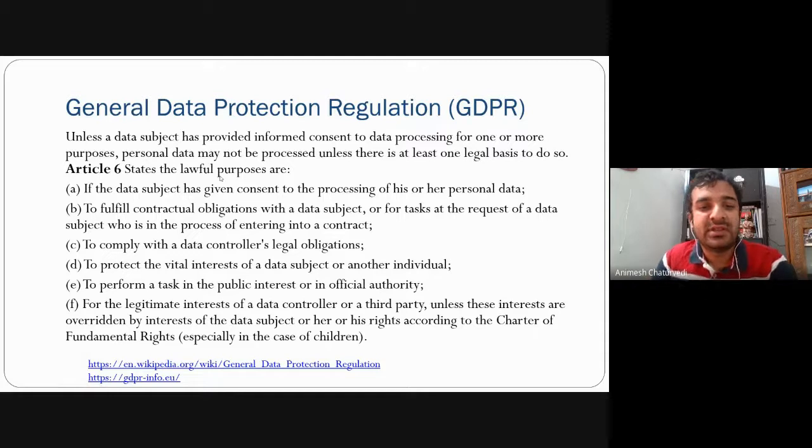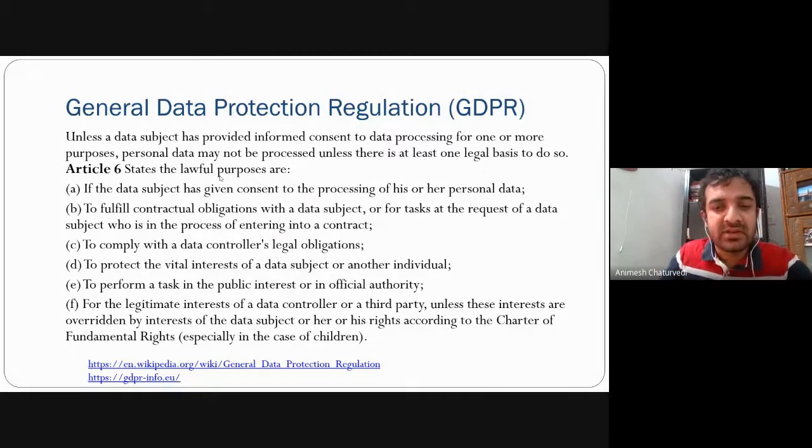What does it say? There is some legitimate interest, meaning fair interest, and there is no harm in doing the data analysis. So the data controller or a third party can do the behavioral analysis or data processing as long as it does not harm any rights of that data subject. It should respect the rights of that data subject or organization before acting on any of these legitimate interests.